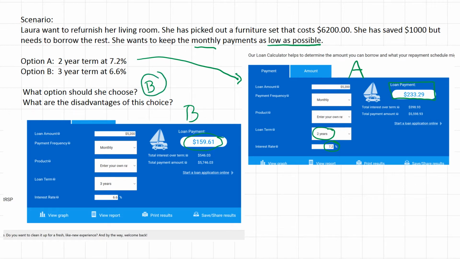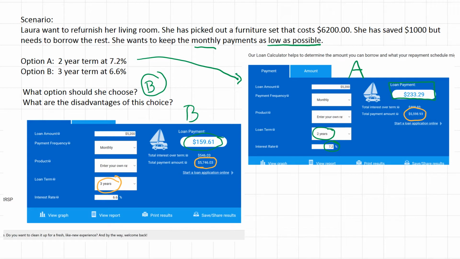She's going to be making lower payments, that's right, but what are the disadvantages of this choice? So one disadvantage is that she's going to spend more years paying it back, and the other one is that the total amount she pays here compared to here is just a little bit higher.